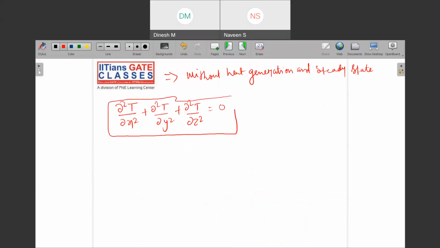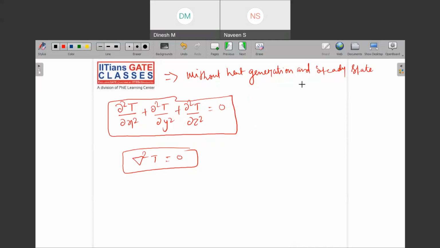So can you see that this is nothing but the Laplace equation of temperature? Certain times they might ask you that if the equation satisfies the Laplace equation, then what are the flow conditions? What you would say is that there is no heat generation and it is a steady state as well.